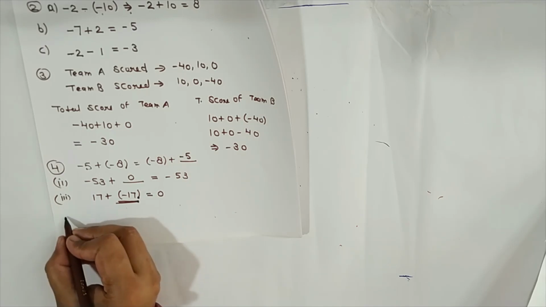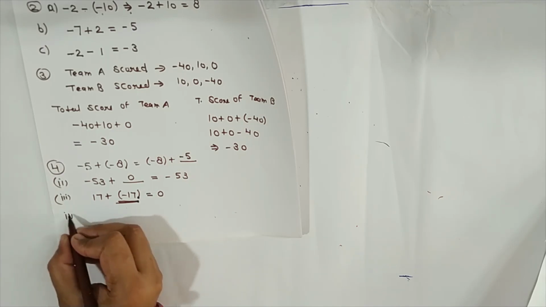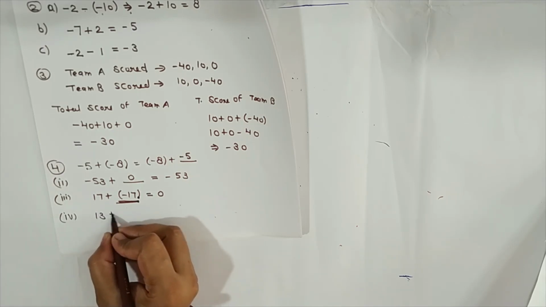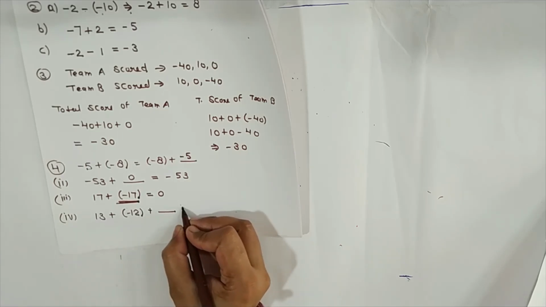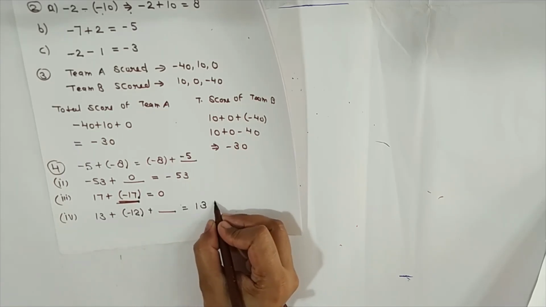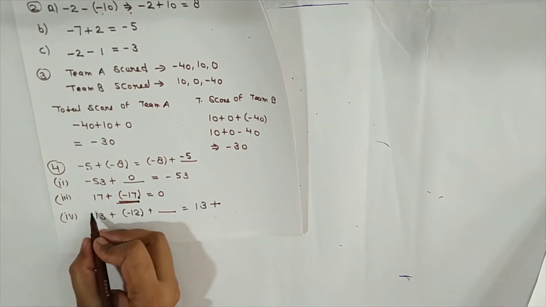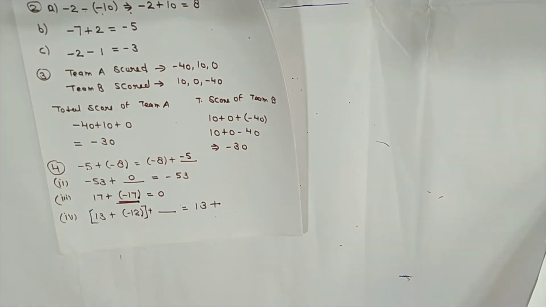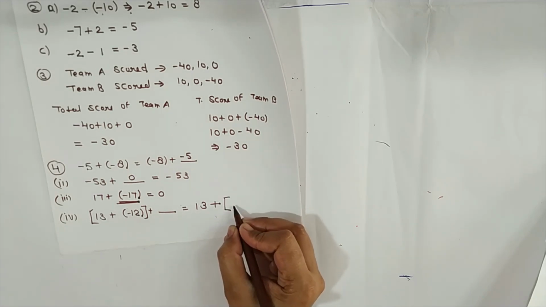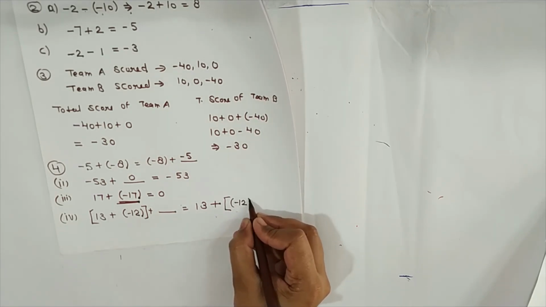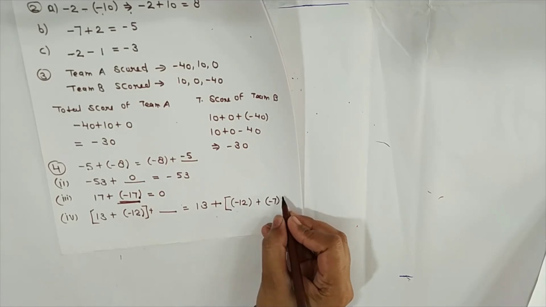Okay. The next question, 13 plus, in bracket, -12 plus blank, is equal to 13 plus, this is the first bracket, and the bracket starts -12 plus -7.